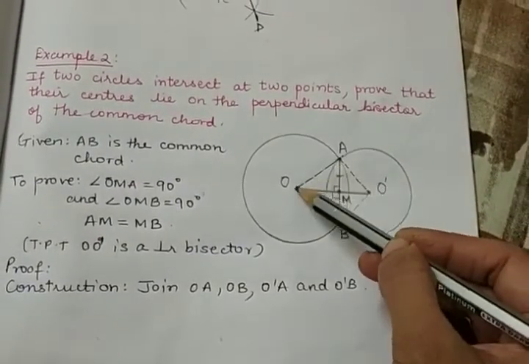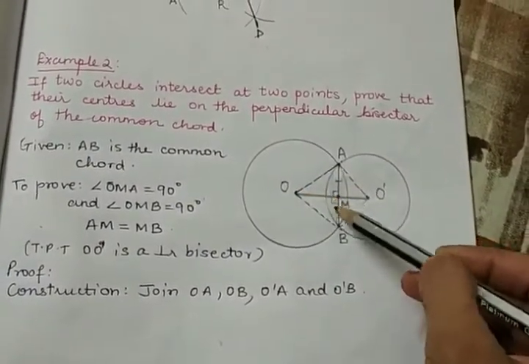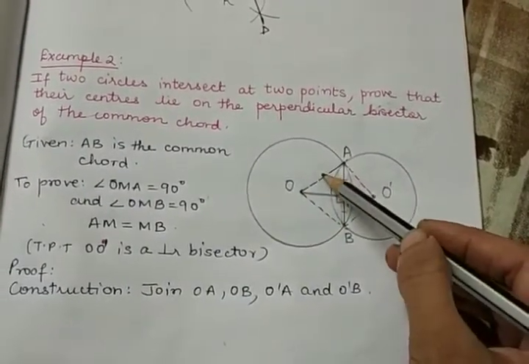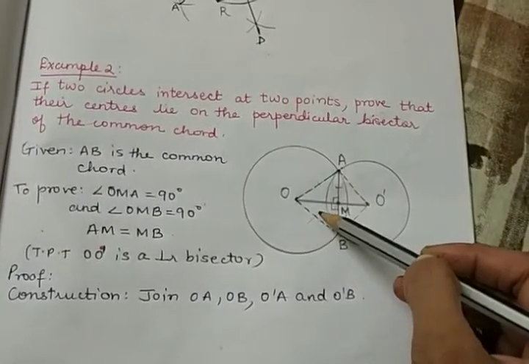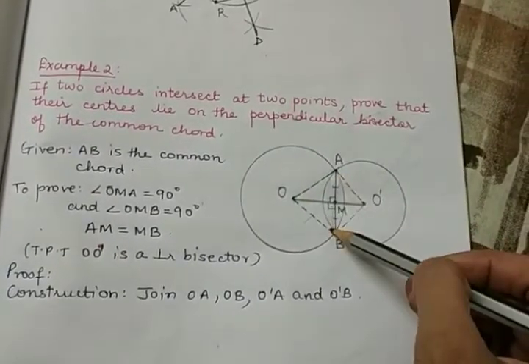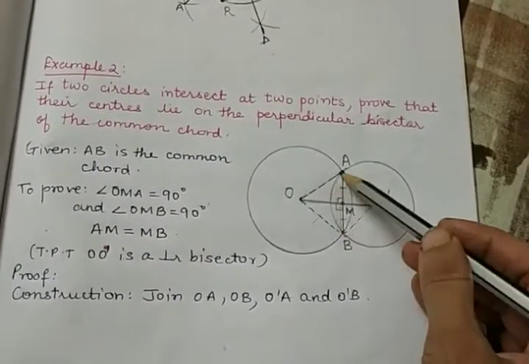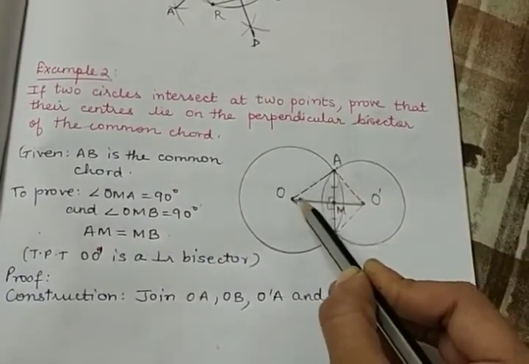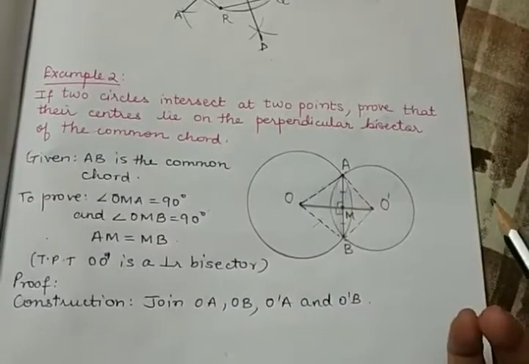Suppose I take these two triangles, I have to get three conditions. Which are the three conditions? Let us see. I know this side will be equal to this side because these two are radii of the circle. That is one condition. The other condition will be OM is equal to OM because it is the common side. That is the second condition.